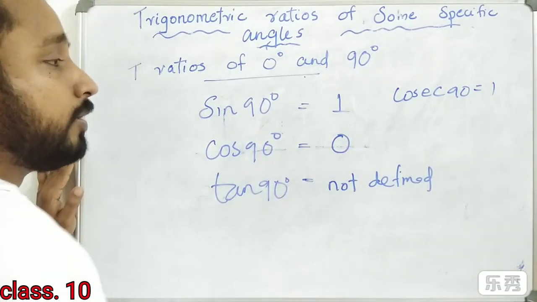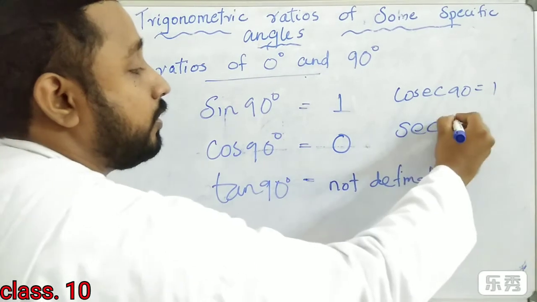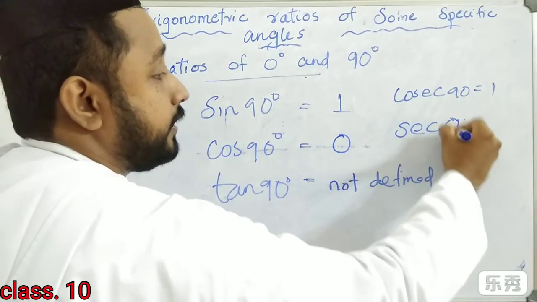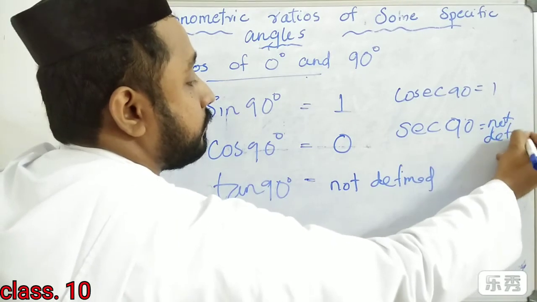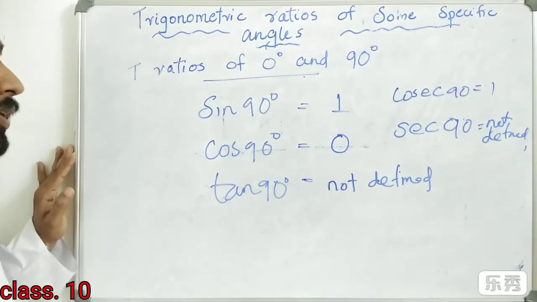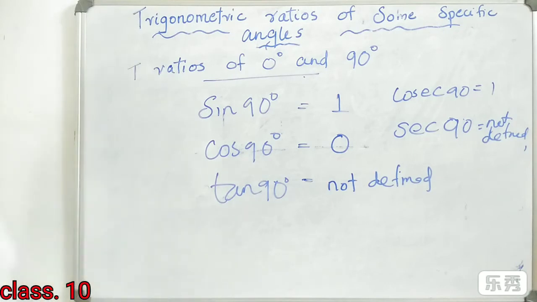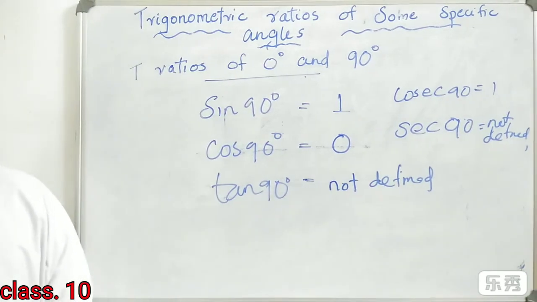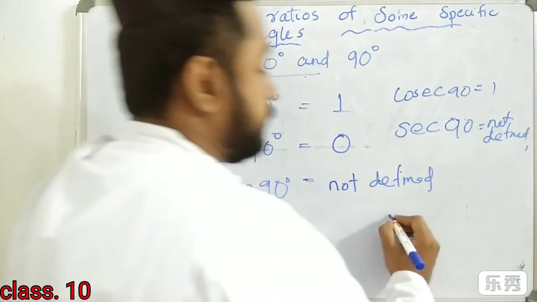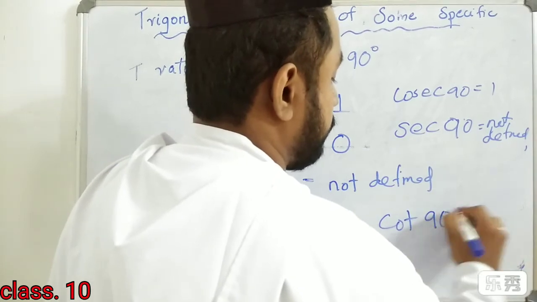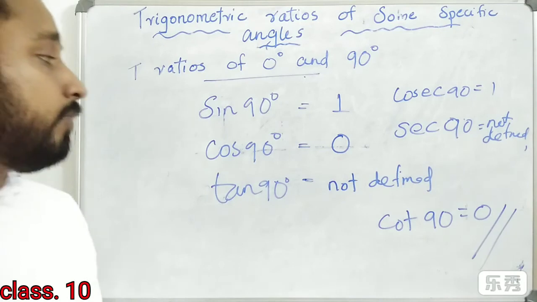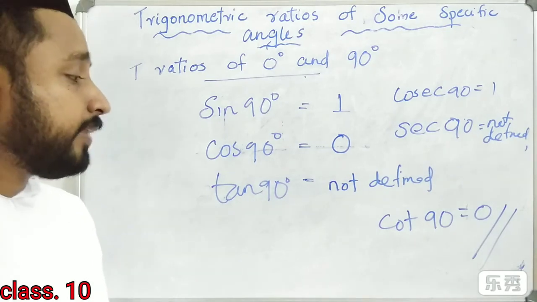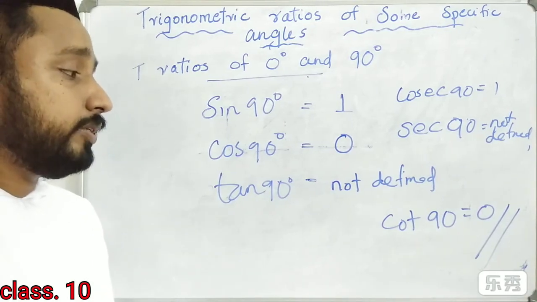Cos 90 is 0, sec 90 is 1 by 0, so sec 90 is not defined. And tan 90 is not defined. So, cot 90 is 0. You have to study these results. Sin 90 degree is 1, cos 90 degree is 0, tan 90 is not defined.